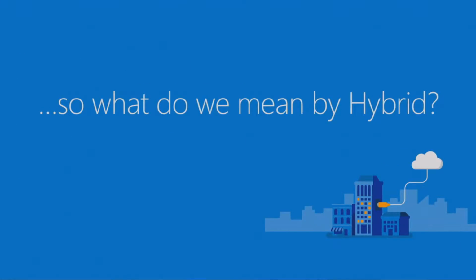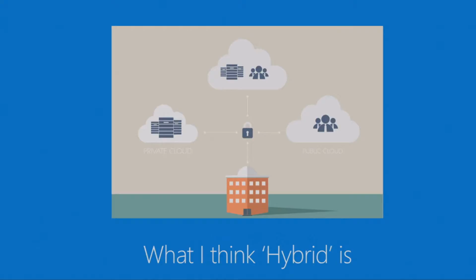So what do we mean by hybrid? Hybrid means a lot of things to a lot of different people. When I think of hybrid, I think of bringing a whole bunch of technologies together and working with my on-premise environment, where there's no obvious difference between the two systems, they just work.